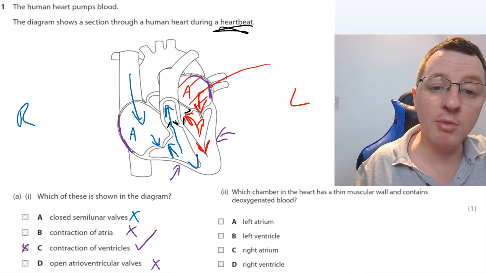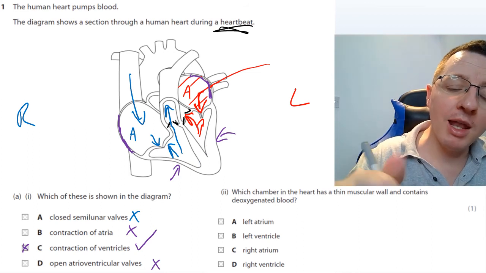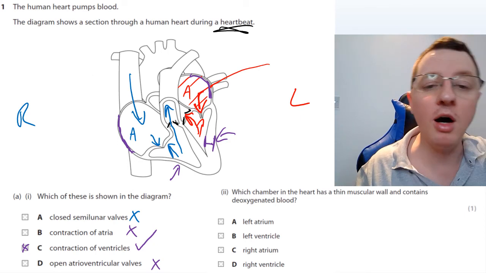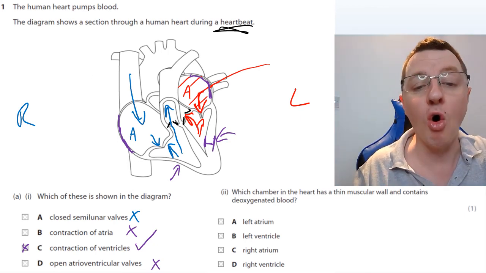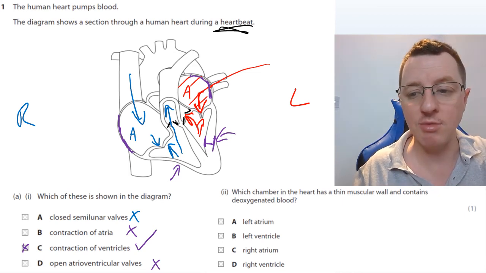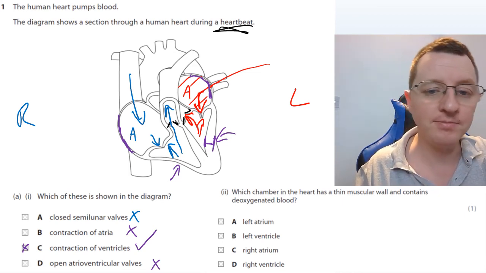And while we're mentioning the muscle walls, the left ventricle has the thickest muscle wall in the heart because it has to send the blood all around the body, the oxygenated blood all around the body, and that means it needs to generate a very, very high pressure.